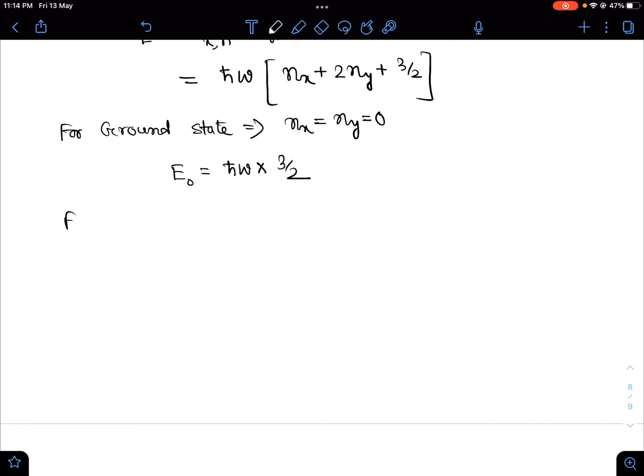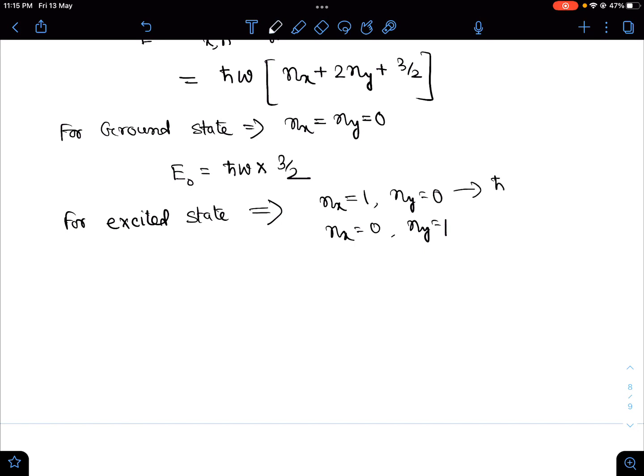Now for the first excited state, we have two choices. We can make nx 1, ny 0, or nx 0, ny 1. For that case, what will be the energy? It will be h cut omega. If nx is 1, we will have 5 by 2, and if ny is 1, then we will have 7 by 2. But of these two, this term is lesser than this.